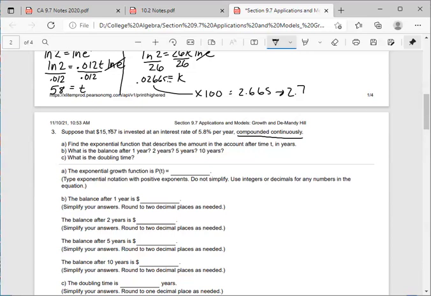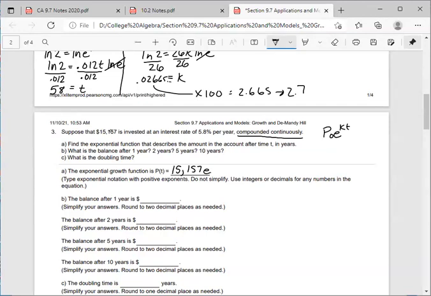So they want us to find the exponential function that describes the amount in the account after t time in years. So that's that whole thing where you say A is equal to P sub 0 times e raised to the kt. Well, how much money did we have in the account to start with? They told us 15,157. So that would be our P sub 0.